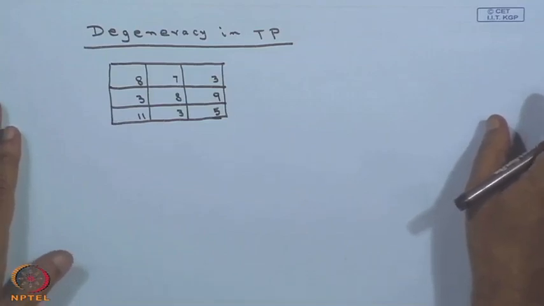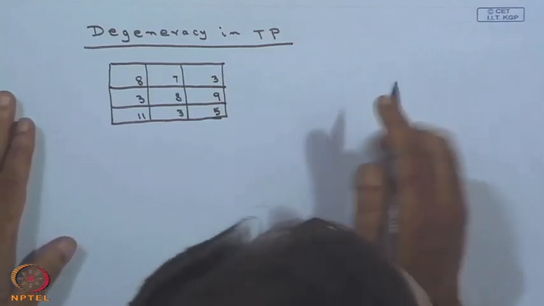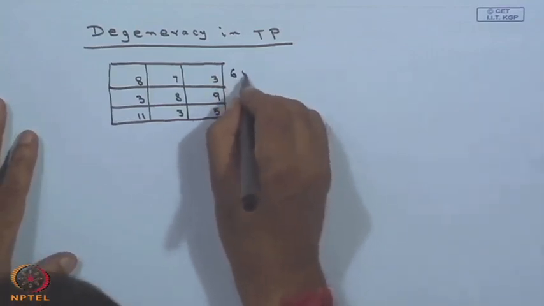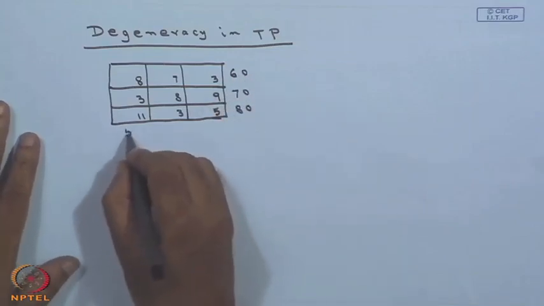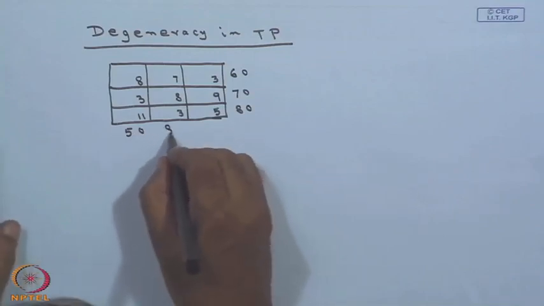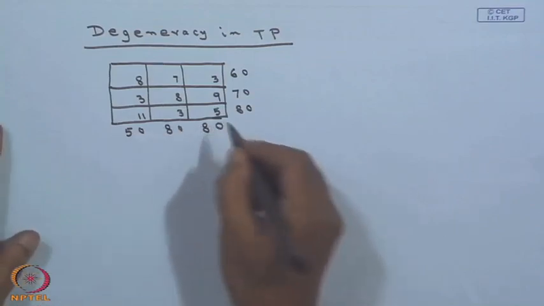The initial basic feasible solution of this problem I am directly writing. The availabilities are 60, 70 and 80, whereas the demands are 50, 80 and 80.